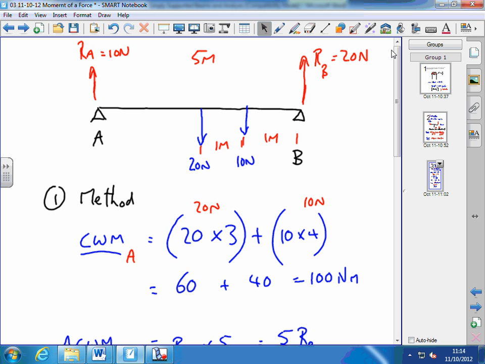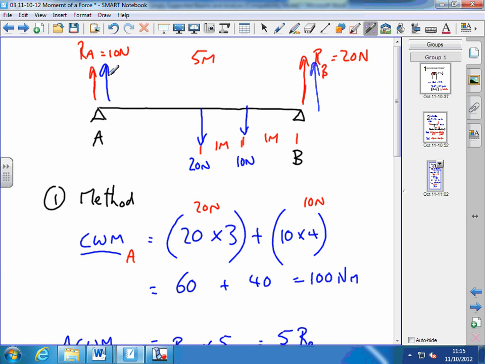Now if you look at this diagram, you can see that the total upward force is 20 plus 10, which is 30 newtons, and the total downward force is 20 plus 10, which is 30 newtons. Rule 1 is confirmed. Okay, total downward force equals total upward force. You could have argued that once I've got the reaction force at B, which is 20 newtons, why not just subtract that from 30 to get this as 10?